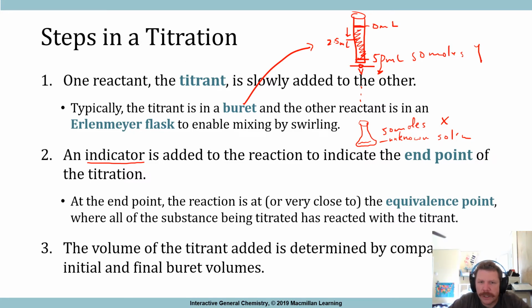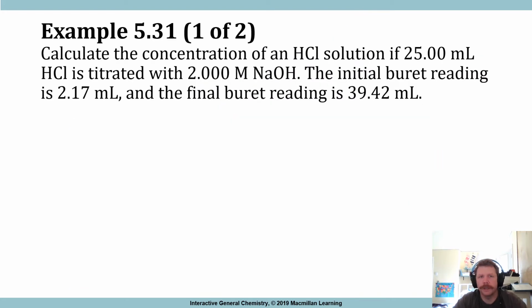The volume of the titrant added is determined by comparing the initial and final burette volumes. And I'm going to post a video on our Canvas page that you can watch as a supplement to what the actual technique lays out. But here, what I'd like to do is go ahead and work through a calculation. Calculate the concentration of an HCl solution.